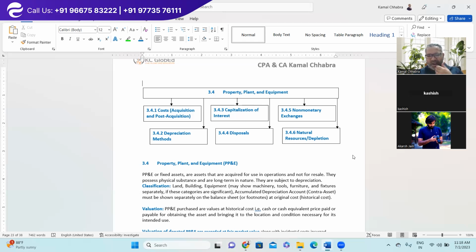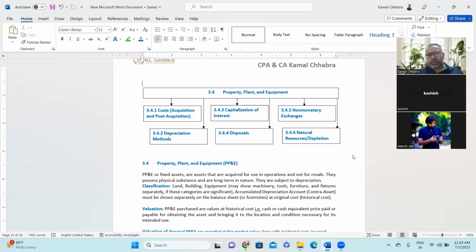It is borrowing cost: we have taken a loan for a specific purpose, and until our business starts, we capitalize the interest on the loan along with the construction cost. Similarly, if we are purchasing property, plant and equipment and have taken a loan, we capitalize the interest on the loan along with the PPE. Ashish, have you heard this term before? No sir, I haven't heard it.